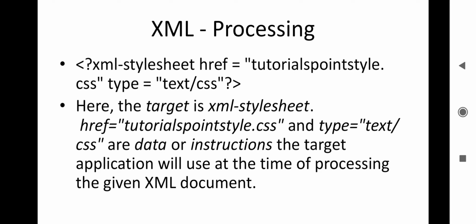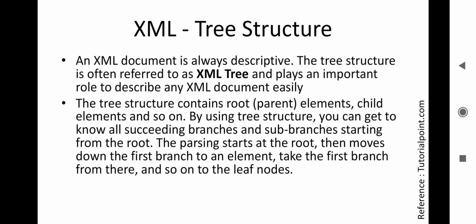Here we are providing a link, type equals text/css. The target is xml-stylesheet. These are the data or instructions the target application will use at the time of processing the given XML document. This is about XML processing.